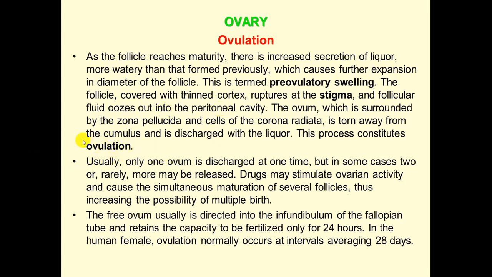So what is ovulation? It is rupture of the wall of the follicle and the tunica albuginea of the ovary. And in this case an opening appears and the fluid, liquor inside the follicle together with the ovum, which has 3 tunics, goes to the abdominal cavity.